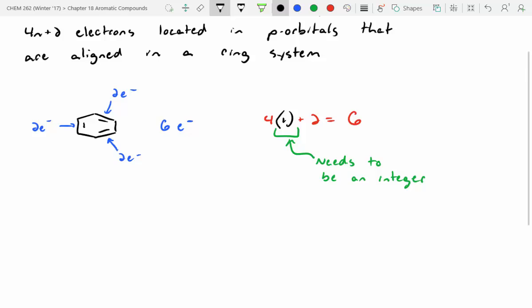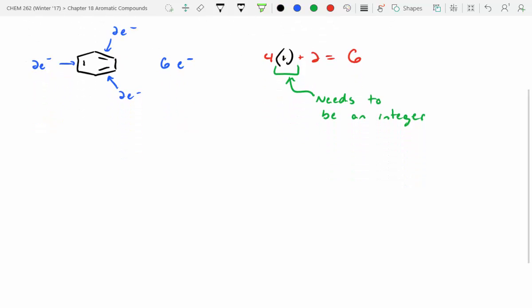Let's do a couple of example problems, and I want you to tell me if the molecules I'm drawing are aromatic or not aromatic. And I want you to count electrons in these systems too. So this molecule is very famous. We'll do some 5-membered ring molecules.